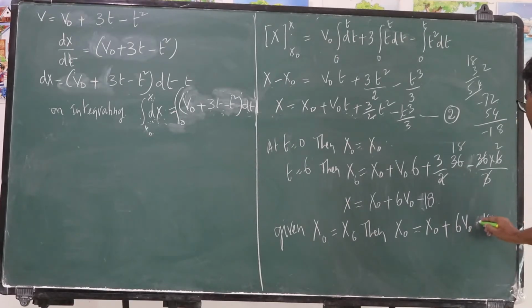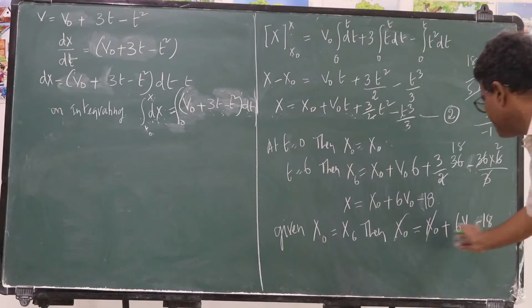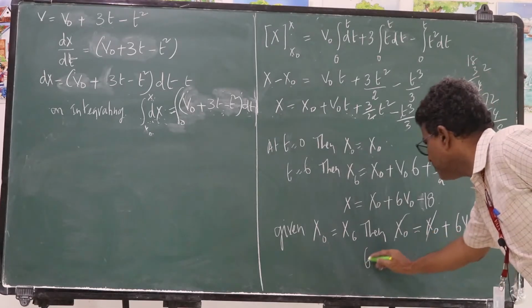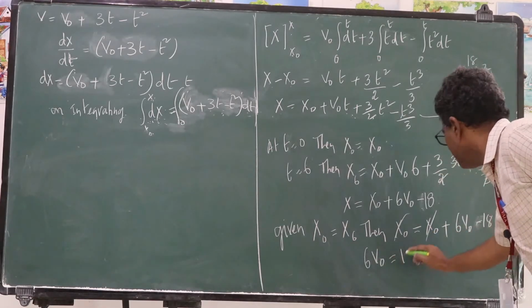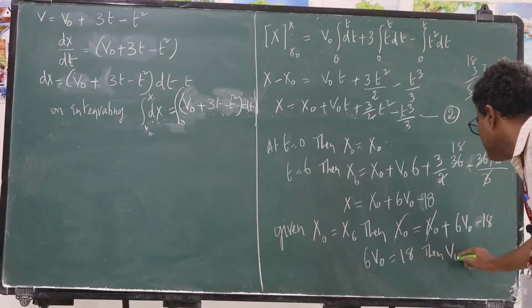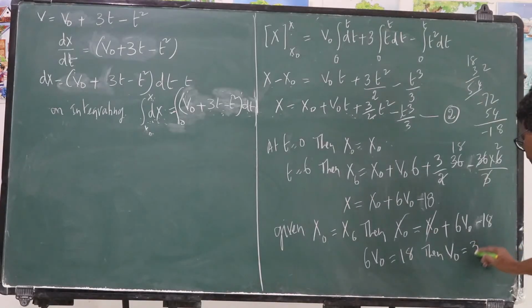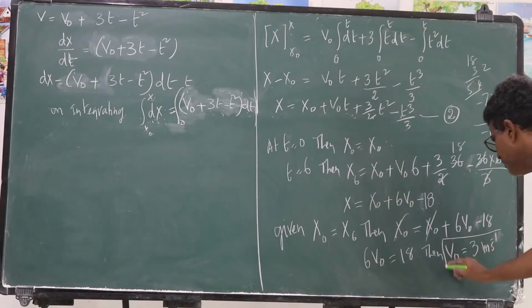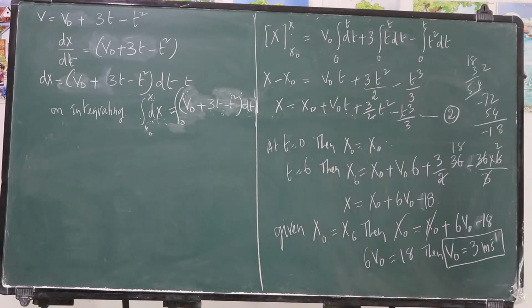So x naught gets cancelled. You will write 6 v naught is equal to 18. So what is v naught? Then v naught is equal to 3 meter per second. So I got initial velocity v naught is equal to 3 meter second inverse.